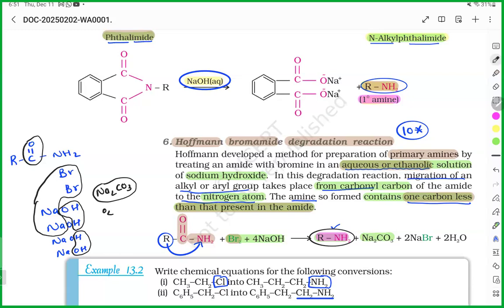This first reaction we already did in the last class.